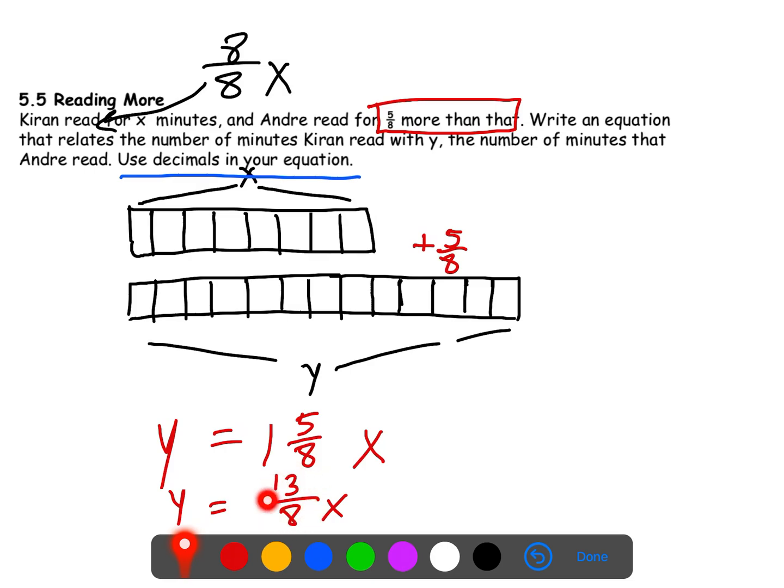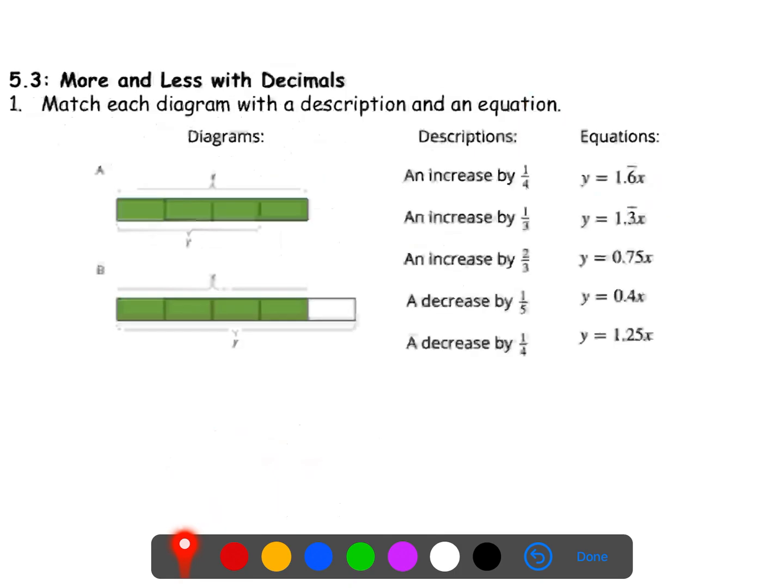And since this is an improper fraction, it's going to be a number greater than 1, and that would actually be writing the equation as y equals 1.625x. That would be the decimal equivalent of 13/8 or 1 5/8. Let's continue.